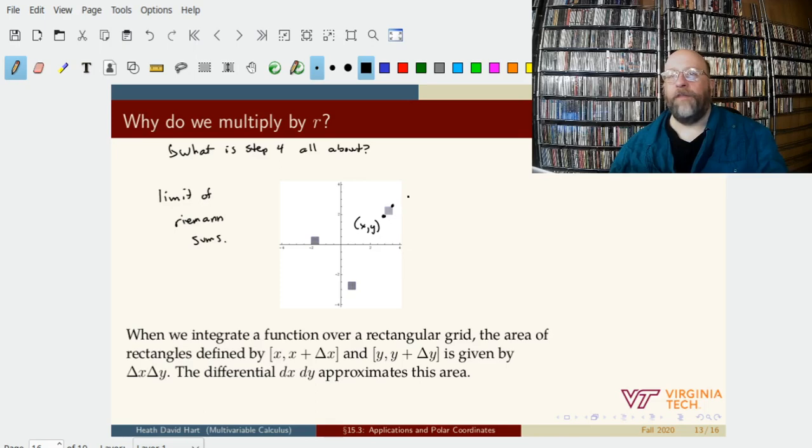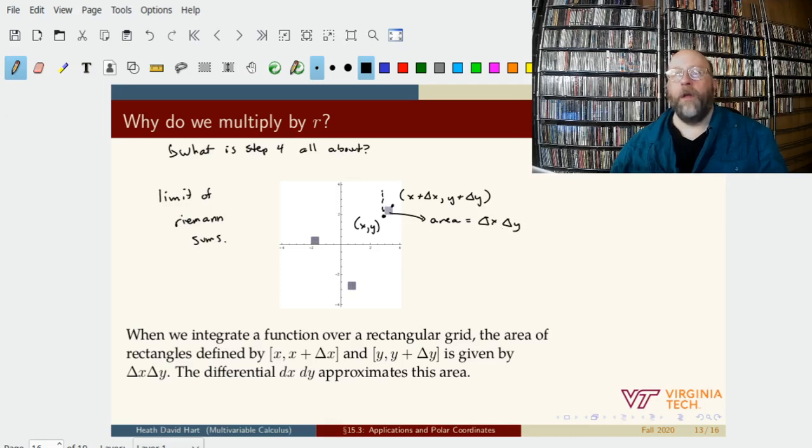And so this is the point x plus delta x, y plus delta y. And the area of this little region here is the width times the height, which is delta x times delta y.